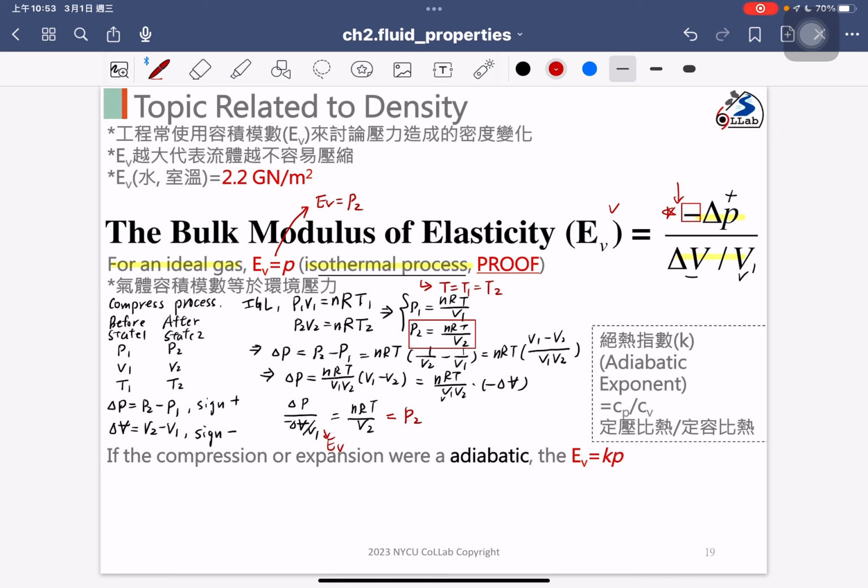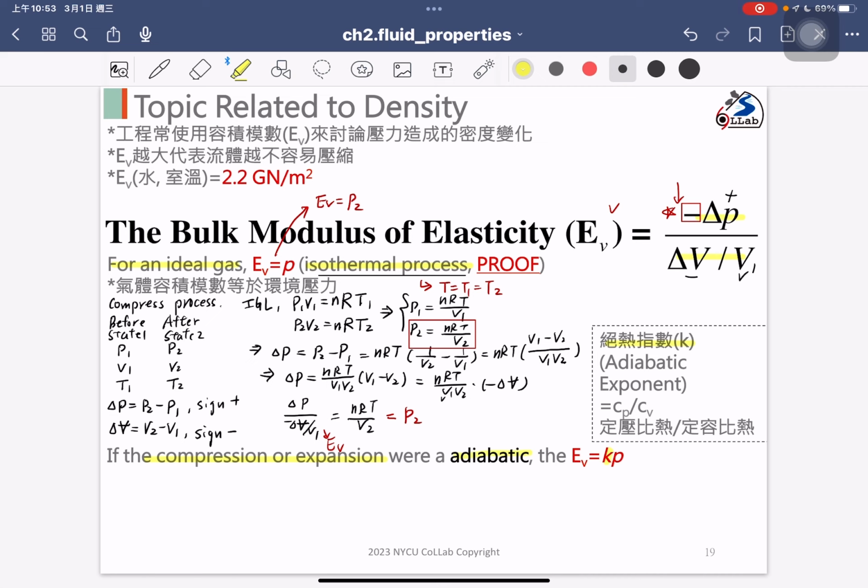And in the following, I also put some important ideas. Whether it is compression or expansion, under an adiabatic process, EV will always equal kP. And the k in here, I already highlighted, is the adiabatic exponent value.